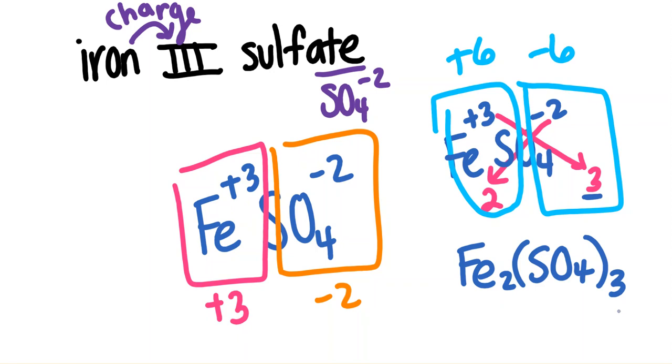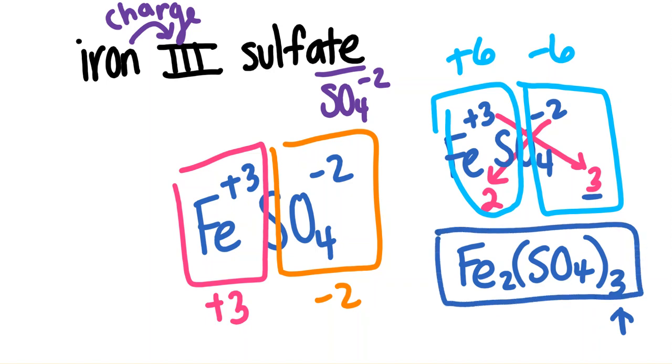And again, I have this number out here. I need to have parentheses anytime I have a number out here besides 1, an implied 1. So I have the parentheses.